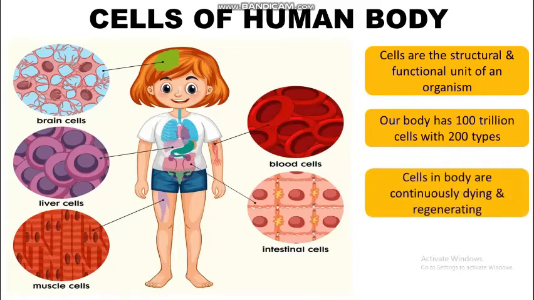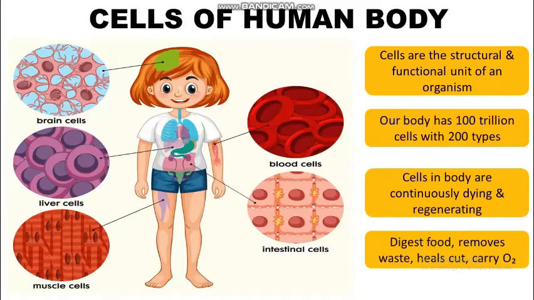These cells are continuously dying within you, and they are also regenerating. This is how you are growing every day. As for the function of the cells, they help to digest our food, remove waste, heal cuts, carry oxygen, and do a lot of other things. That is why we humans can function very well every day.